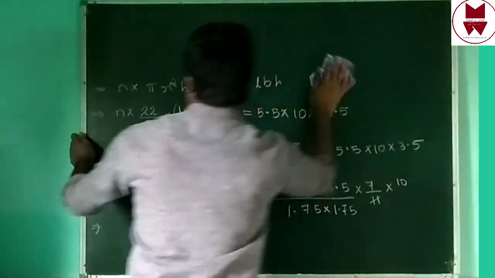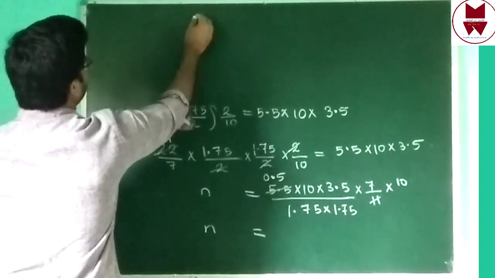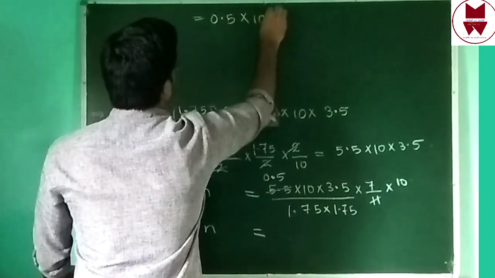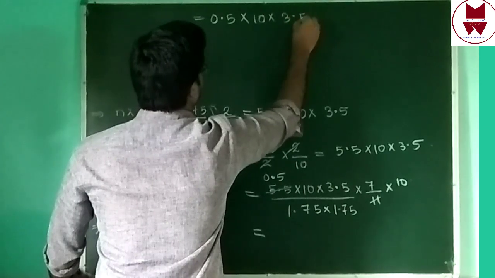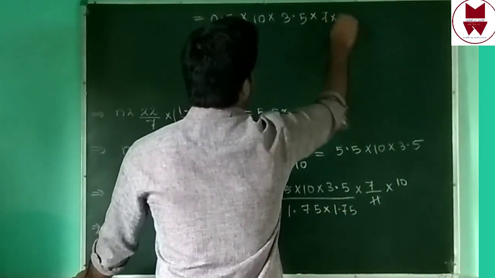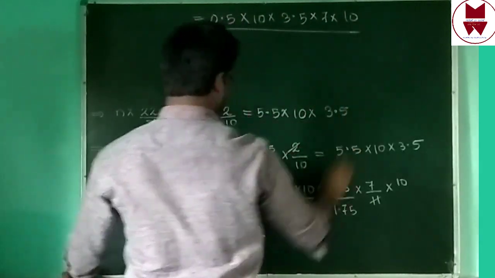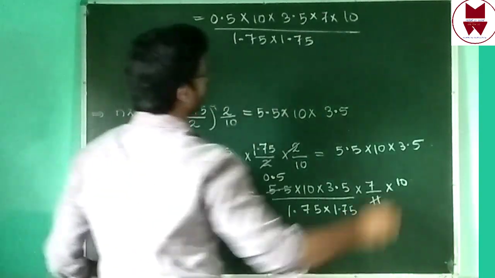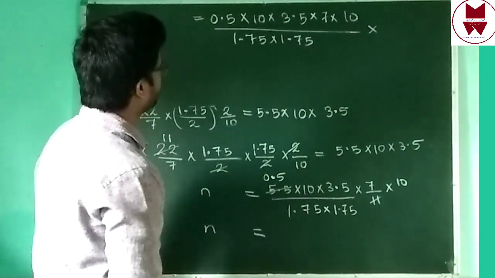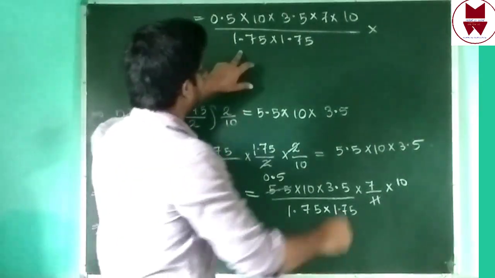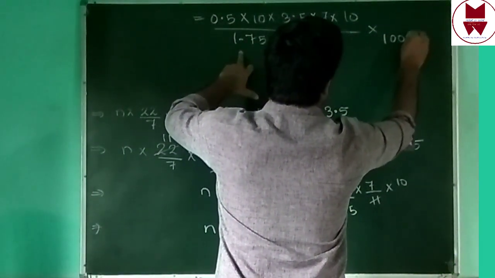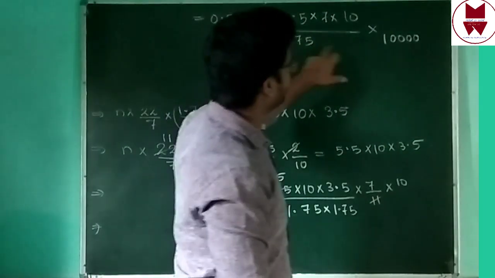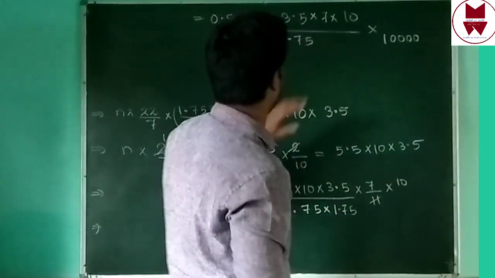We cannot do anything; first we have to remove all the decimals. That's why we write 0.5 into 10 into 3.5 into 7 into 10, all divided by the denominator part 1.75 into 1.75. To remove these points, we multiply with which number? 10,000, because after the point there are 4 numbers, so we need 4 zeros. Then only can we remove the points.